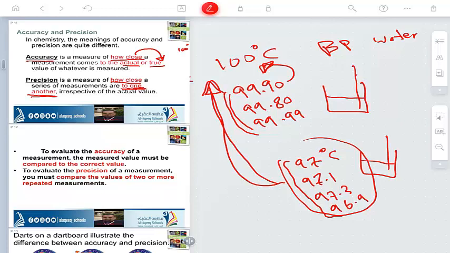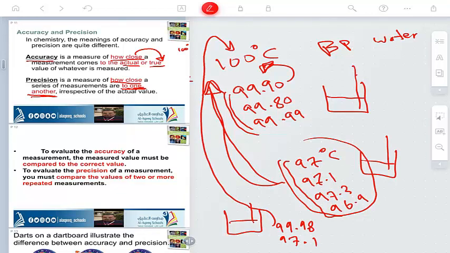Okay, what if you measure the boiling point of water and you find 99.98, okay, and you repeat it again and you find 97.1. At this moment, the readings are called what, or they have what? The first one is very close to the true or actual value.